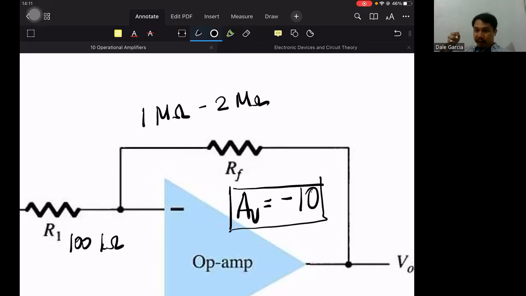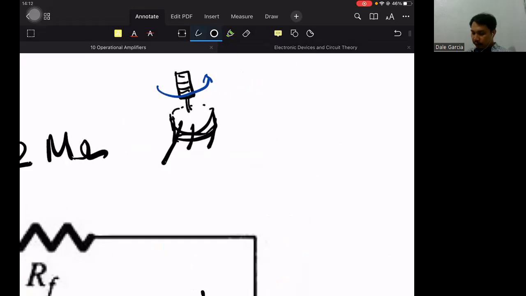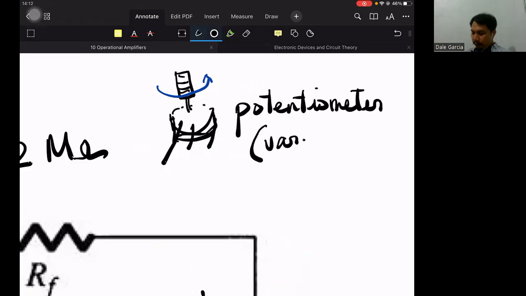Like this variable resistor, with a knob you can turn. Those are the terminals, the three terminals of a potentiometer. I'm not sure if you've heard this term, potentiometer, or variable resistor.